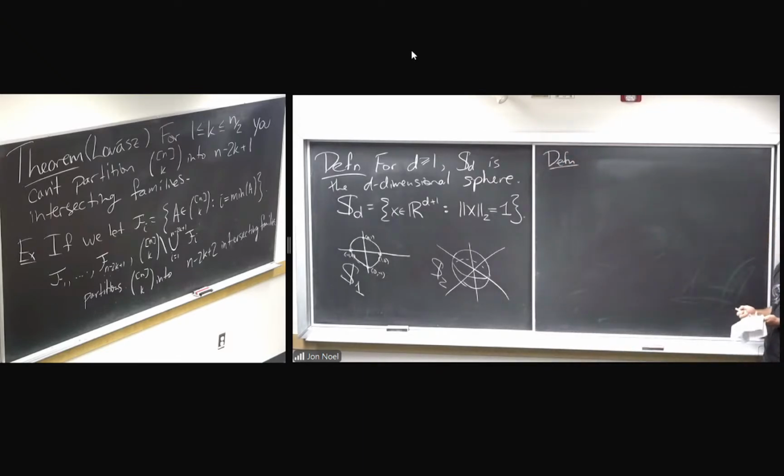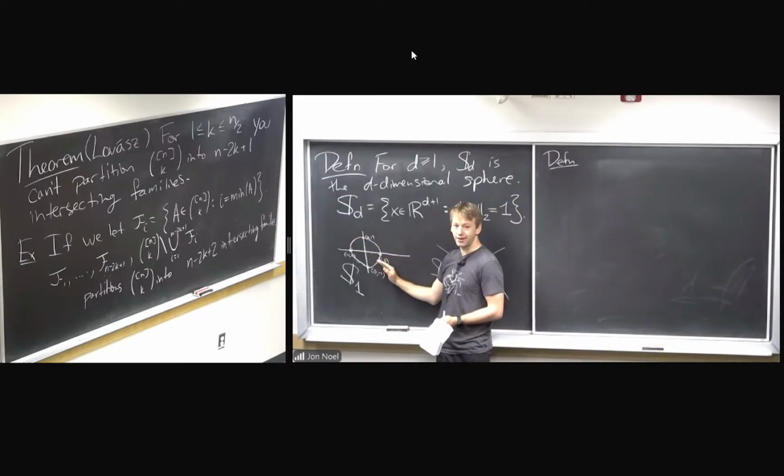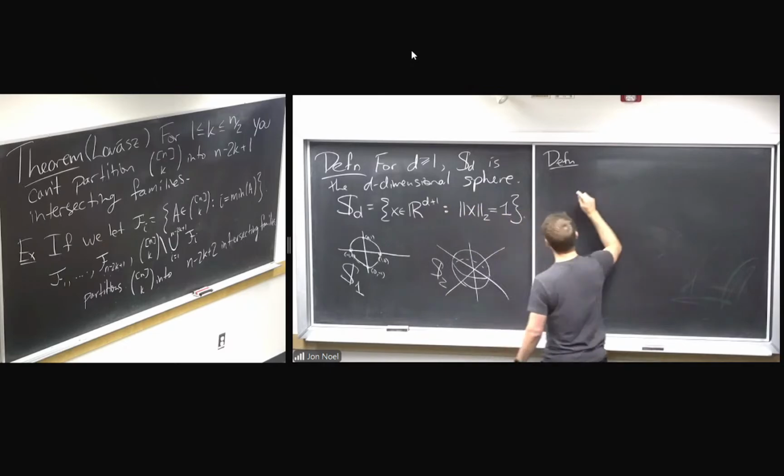Okay, so we've got spheres. Now I want to talk about hemispheres, which is just what you get by chopping a sphere exactly in half, right? Specifically, I care about open hemispheres.